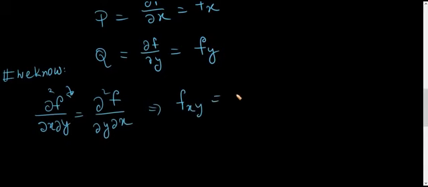So if I write it mathematically, we already know this identity, right? Or you can write it as f_xy equals to f_yx.